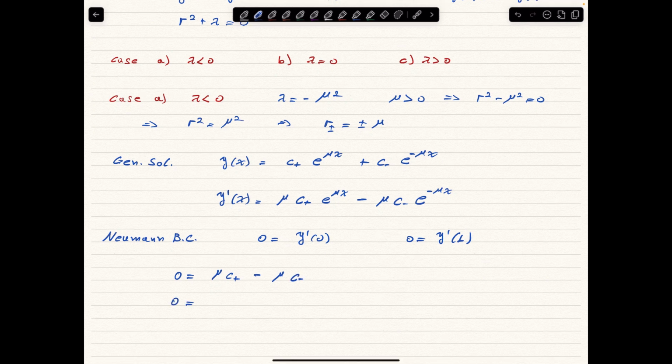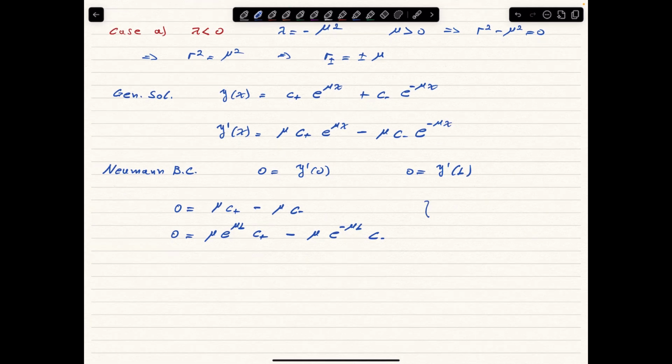The other condition is the derivative at L. So we have mu exponential mu L c plus minus mu c minus exponential minus mu L. Well, let's put the exponentials in the same place in both terms.